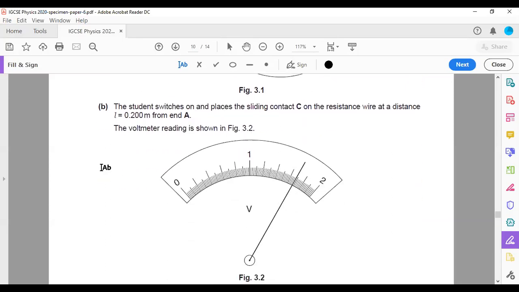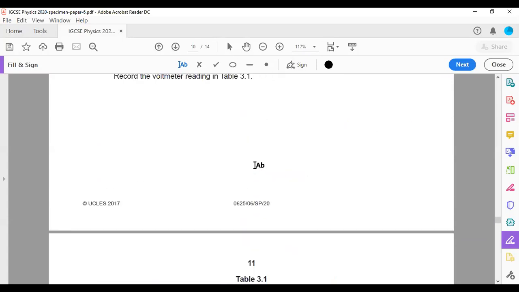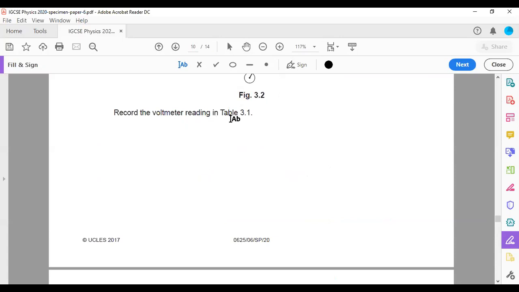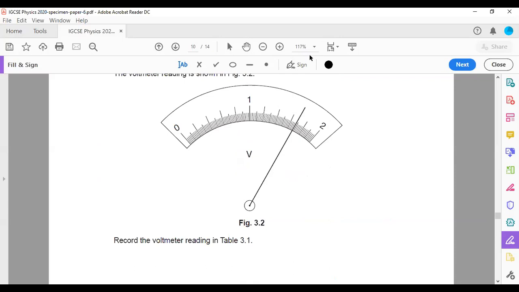Lower down they said the voltmeter reading is shown here. To complete this table, they said record the voltmeter reading in table 3.1. So we're going to check the value of the voltmeter. Here's 0 and here's 1. Between here we have 1, 2, 3, 4, 5, so each of these is a stroke.